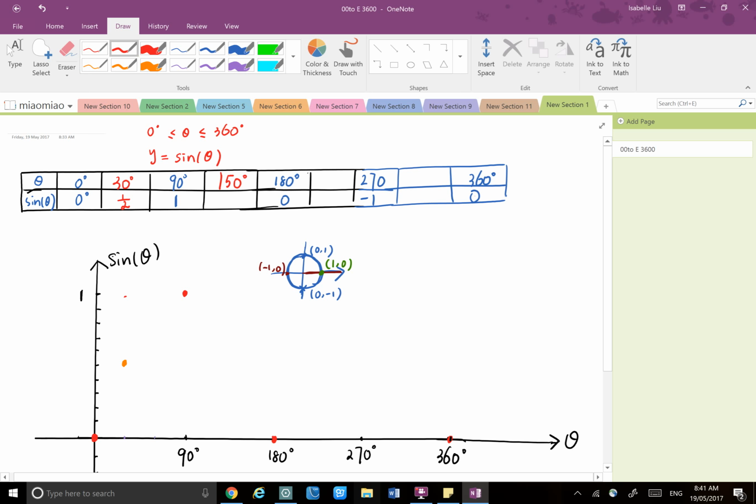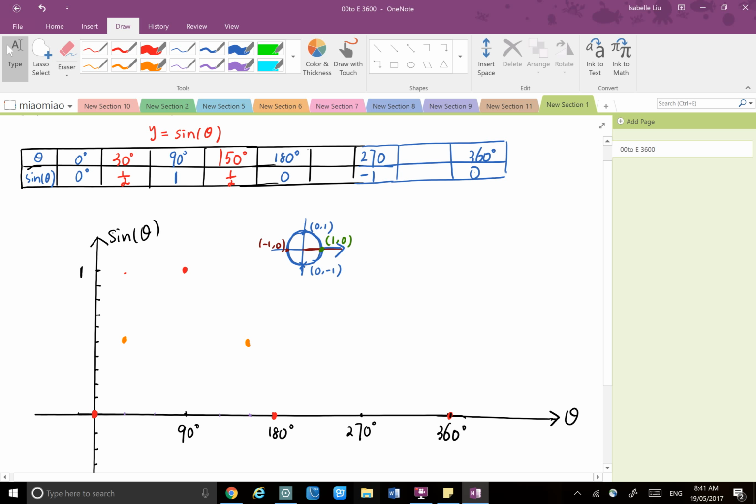The reference angle is 30, sine 30, and it's also the sine quadrant, so sine is positive. So sine 30 is a half, and 150 will give you a half. Let's find where 150 is. 150 is here, and it has a half as well. Half is here.